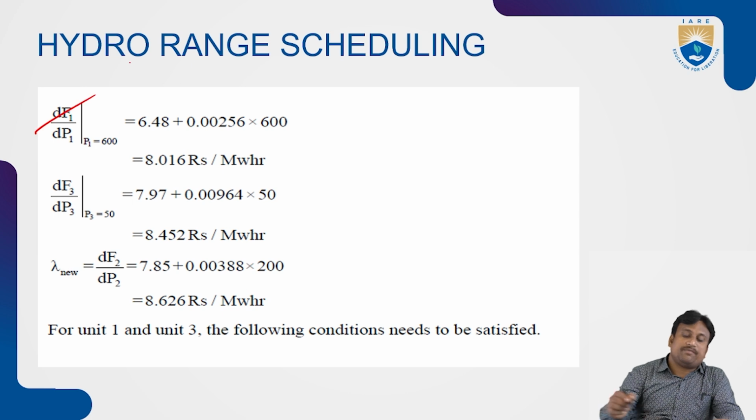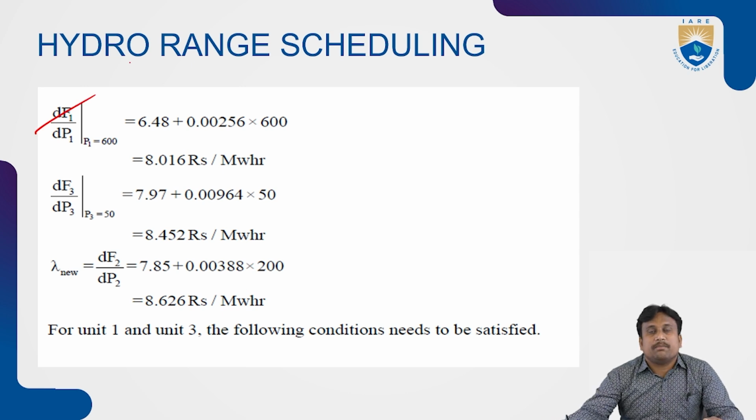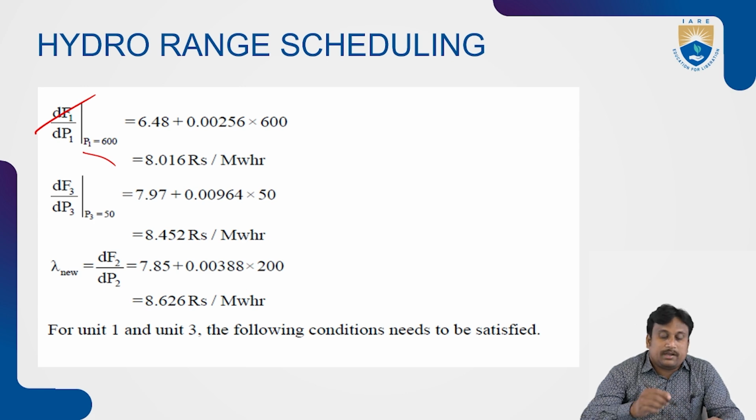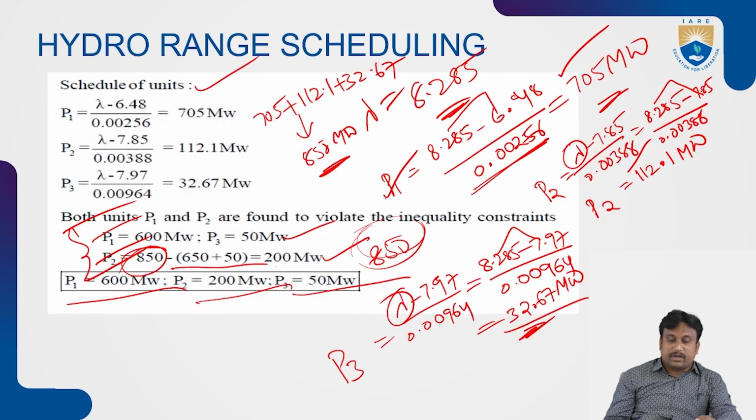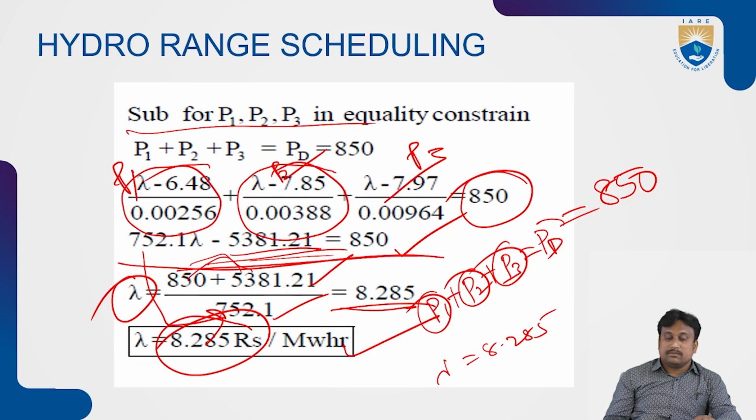And if you make it for dF1 by dP1, that means incremental fuel cost at a rate of P1 of about 600, then it is 6.48 plus 0.00256 multiplied with 600. So we know that this 600 combination is nothing but P1.